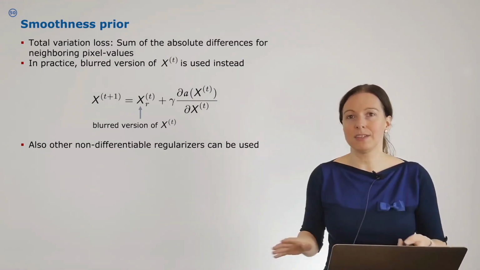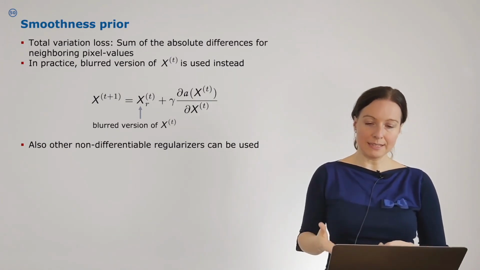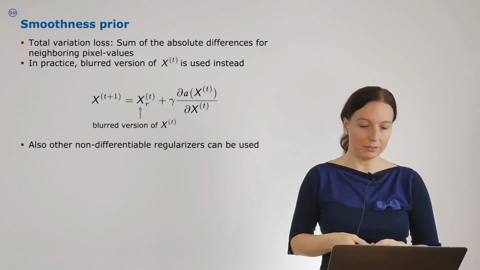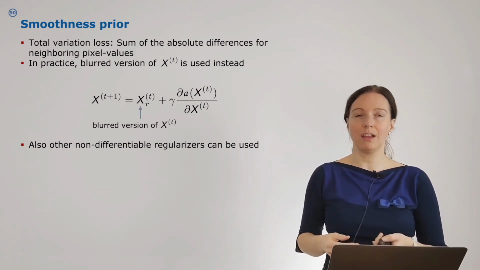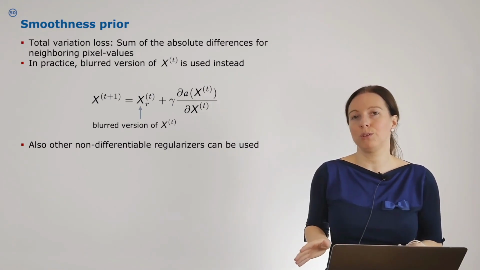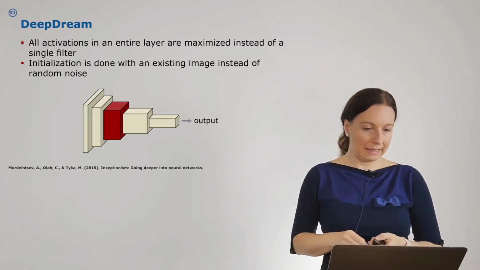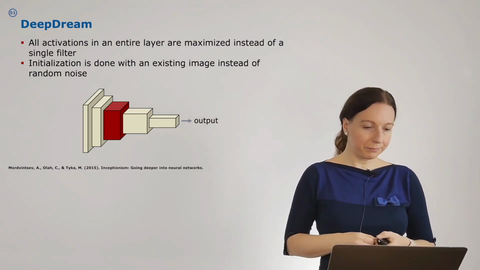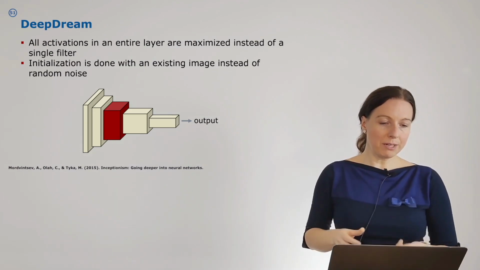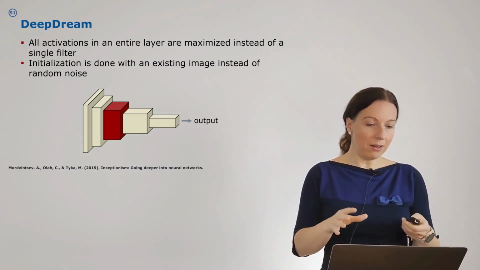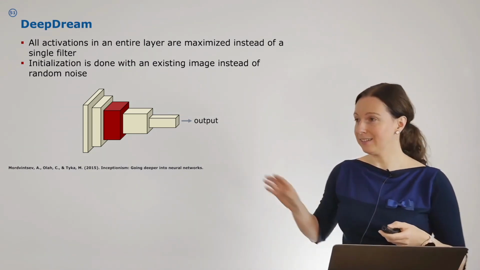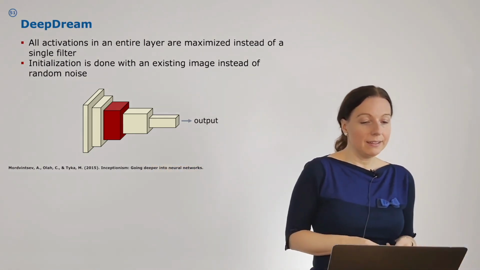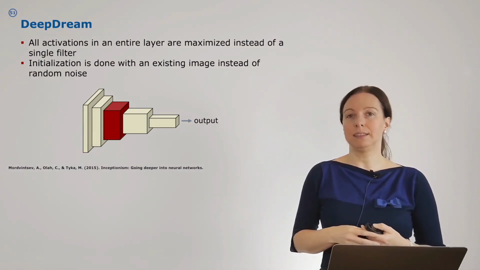There are a lot of such regularization terms, and nowadays activation maximization is not used anymore without them, because in its basic form it would just not produce good results. So let's come to a very famous procedure called deep dream. In deep dream, all activations in an entire layer are maximized instead of a single activation.